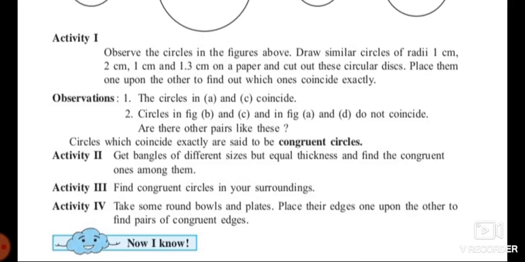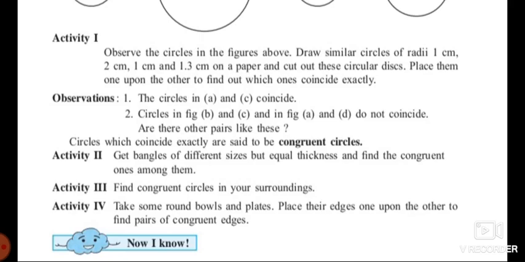The wheels of your vehicles are congruent. Any other example? The Olympic Games symbol: those circles are also equal, that means they are congruent to each other. Similarly, you may have different sellotapes, but the size should be the same. If you keep them on each other, a cylinder should be formed. Then you can say they all are congruent circles.